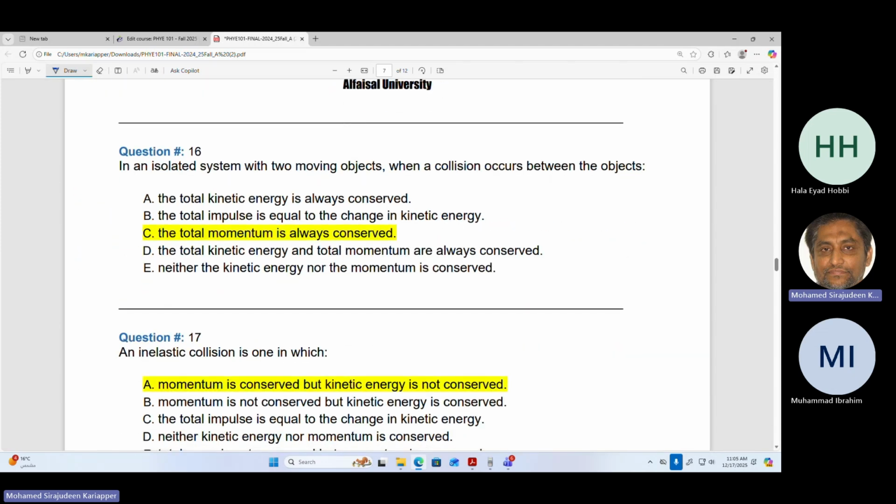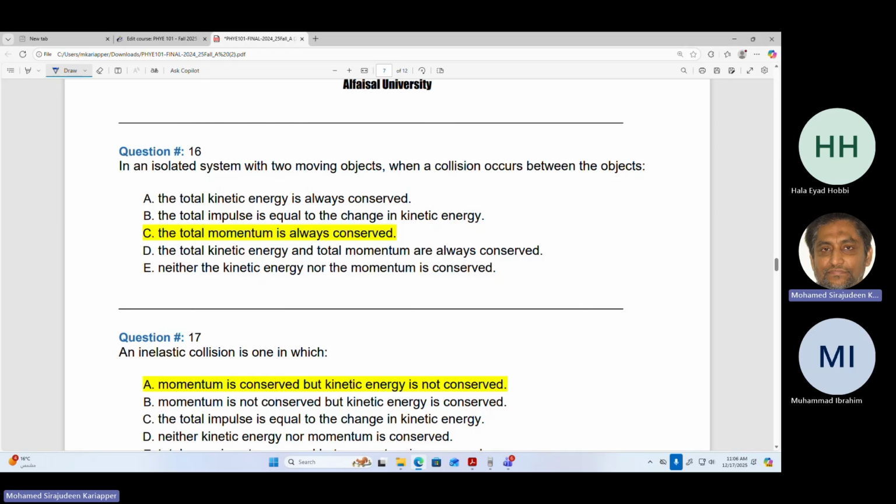Number 16. In an isolated system with two moving objects, when a collision occurs between the objects, you know that if it is isolated, momentum is conserved. You can have a collision, it doesn't matter. All these are internal forces.